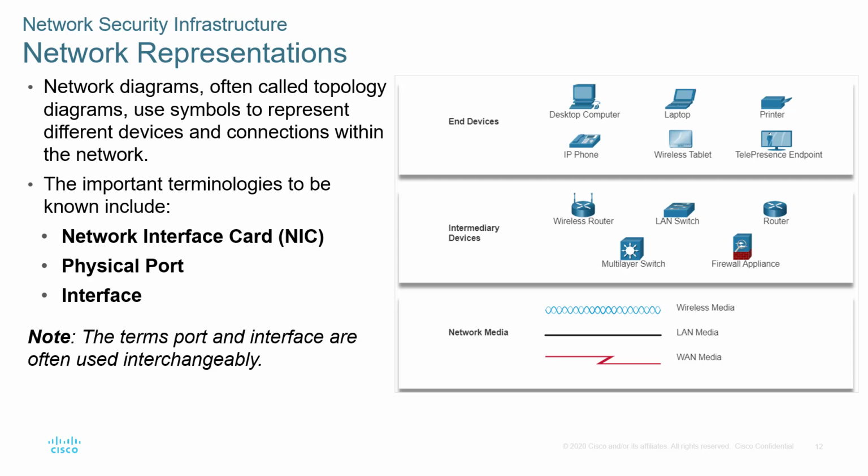And what ends up happening is the network infrastructure is comprised of several different elements. In devices, we have computers, laptops, printers, wireless tablets, phones, things that end users are going to use. All of those are connected to some form of network media: wireless, copper-based, or fiber optic-based media. This is what's going to allow the data signal to be transmitted between the end device and the overall infrastructure.